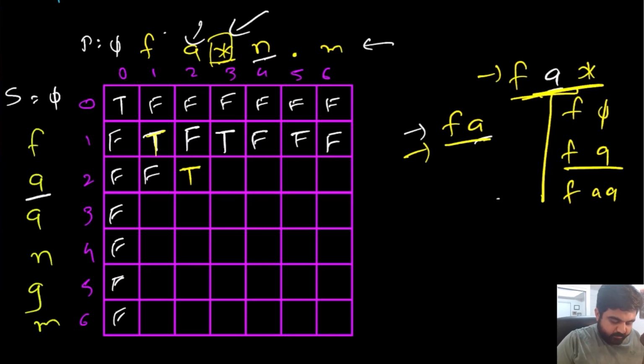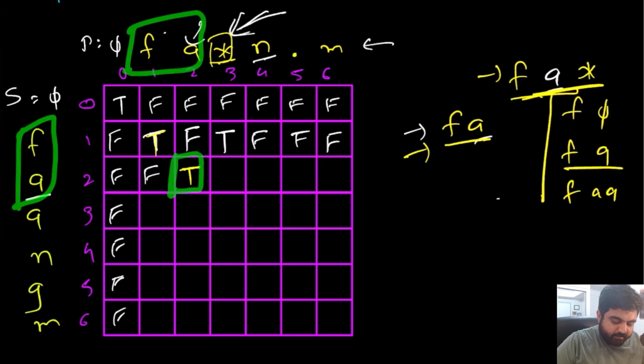So because we have a star value over here, we are going to mark this as true. But this true we are getting from the value before. You must be wondering that for this particular position this value is actually empty, so why are we marking this to be true? We are marking this to be true because this one is true. Because we found a match of FA, and because this value is true, we will mark this as true.